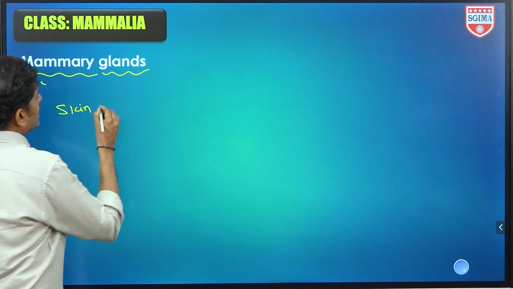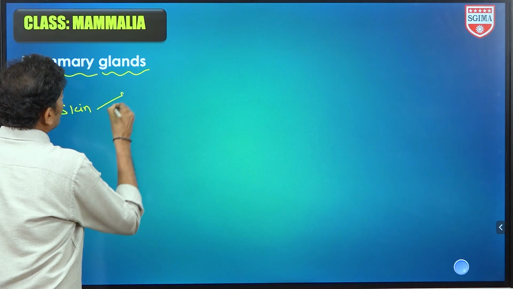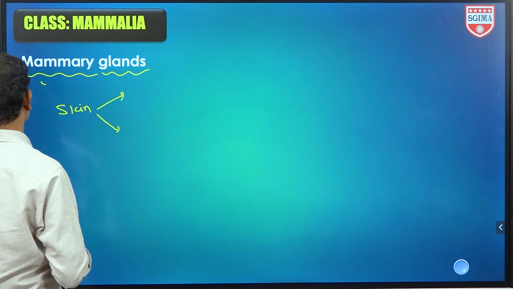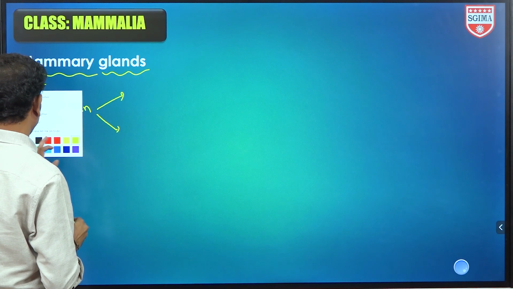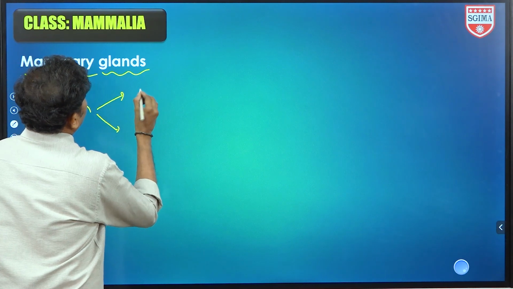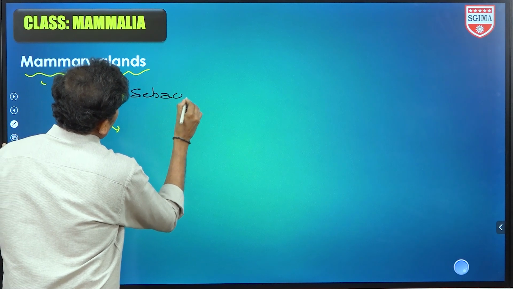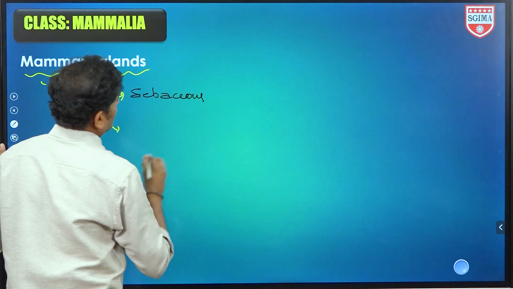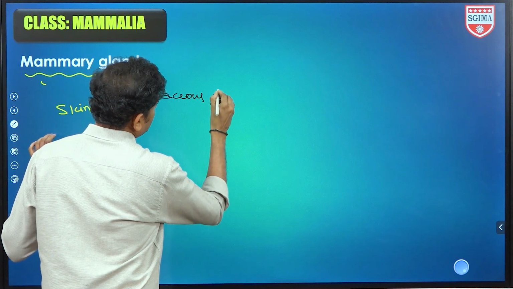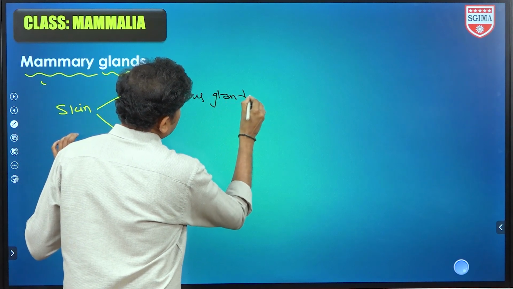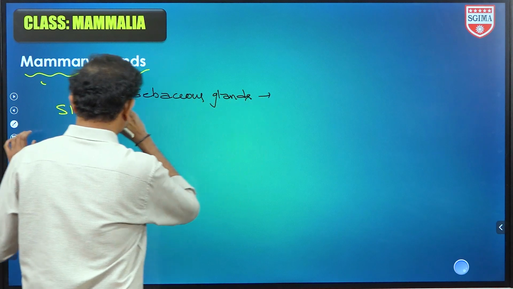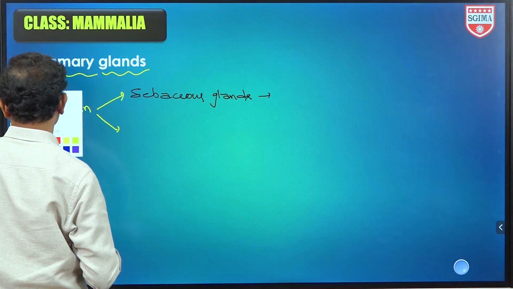Skin, the dermis. In the skin we have two types of glands. One type is sebaceous glands. These sebaceous glands secrete a substance known as sebum.